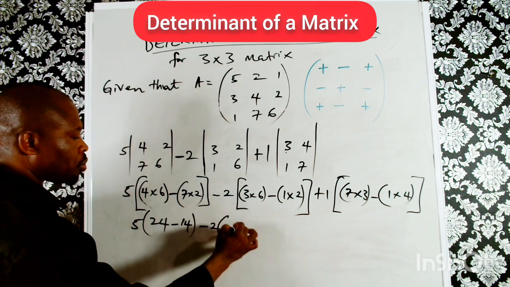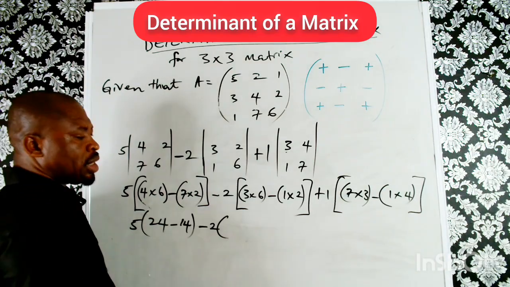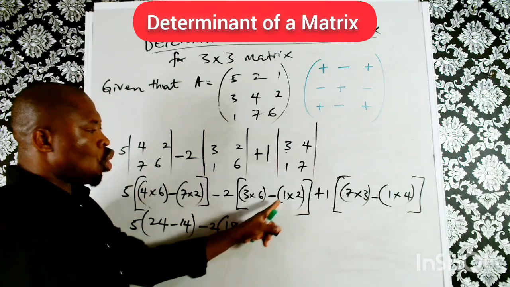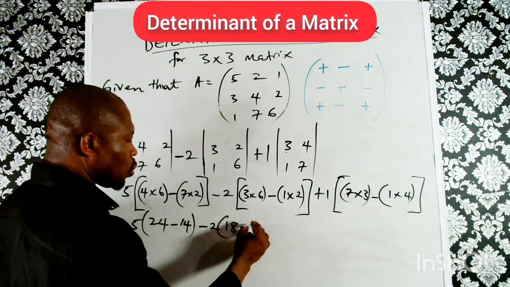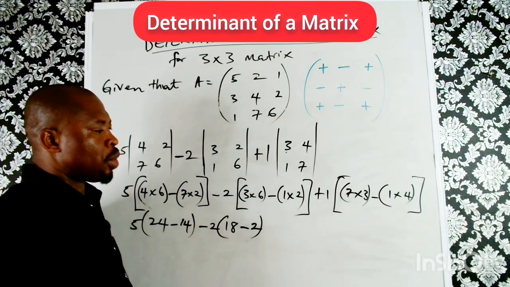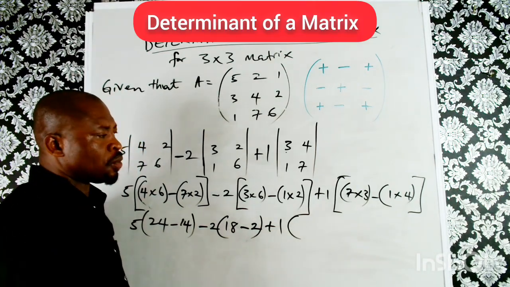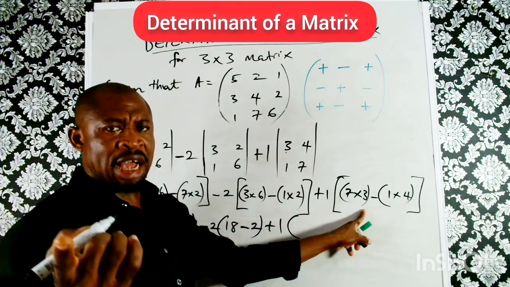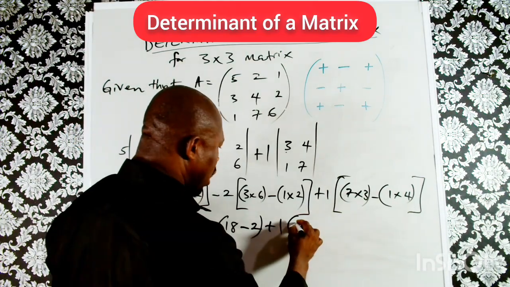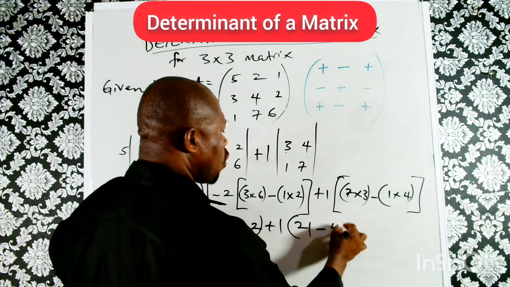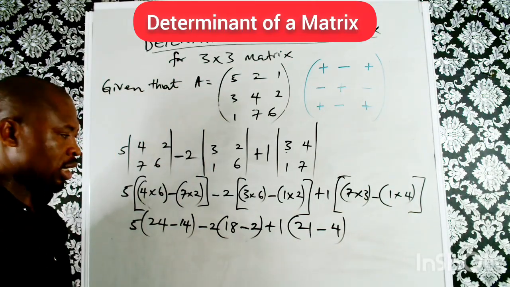Minus 2, 3 times 6 is 18, minus 1 times 2, and 1 times 2 is 2. You close the bracket. Plus 1 into 7 times 3, which is 21. We can have 21 minus 1 times 4. We'll have it like this.